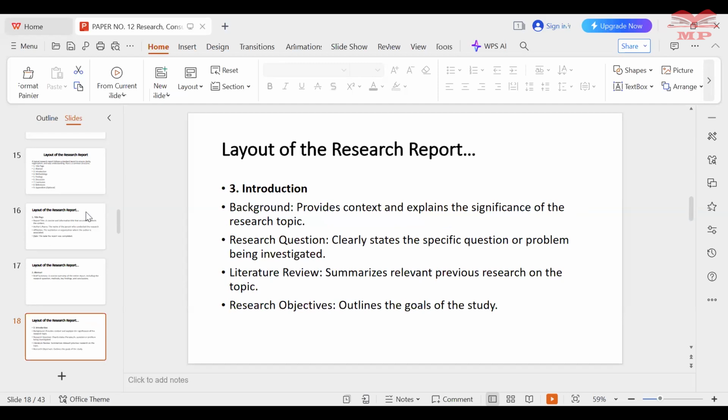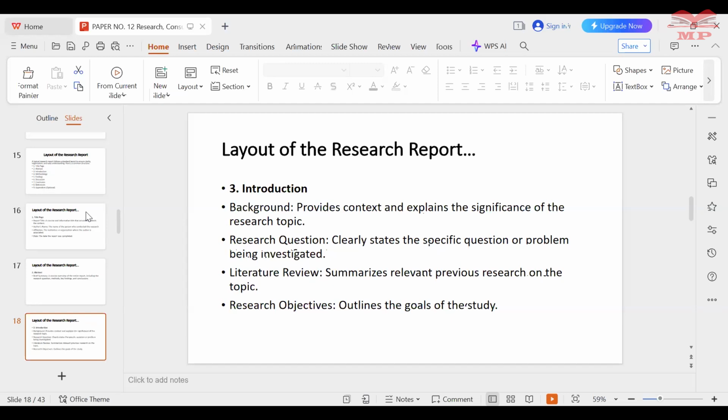So the introduction of a research report should provide a background, the research question, the literature review, and the research objectives. The background should provide the context and explain the significance of the research topic.